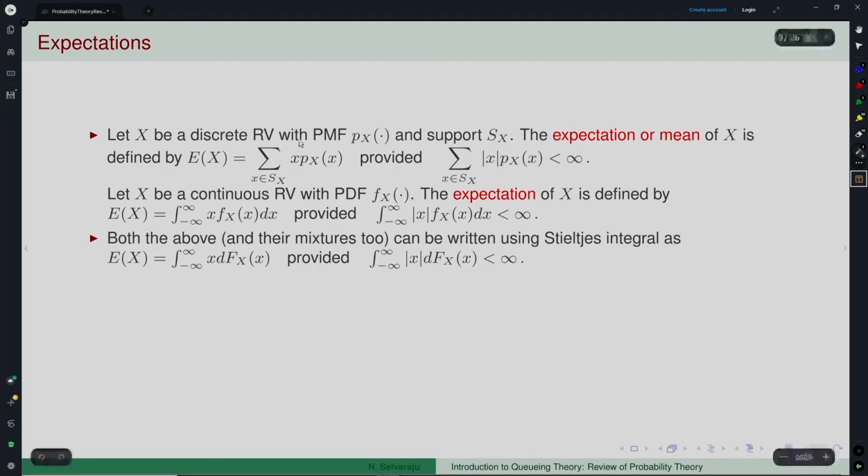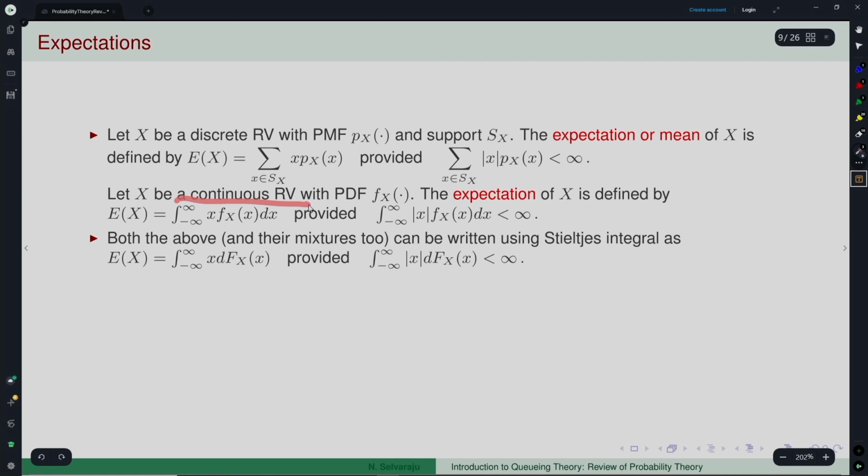Okay. Suppose I have a discrete random variable with a probability mass function Px and support Sx, then we say the expectation or simply the mean of x is defined by this quantity, provided this sum is absolutely summable, right. That means we require absolute summability so that this is defined in a meaningful way. Okay.